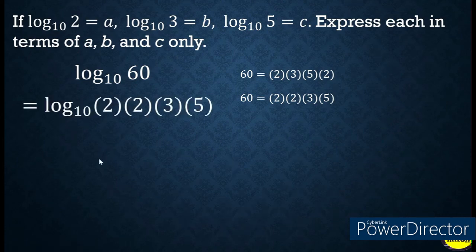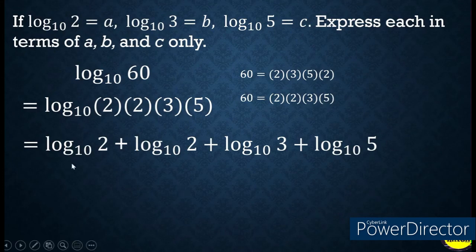So, para madali mo na lang gamitin yung laws of logarithm. So, we can express logarithm of 60 as log 2 times 2 times 3 times 5. And applying the logarithm of a product, so we can write it log 2 plus log 2 plus log 3 plus log of 5.